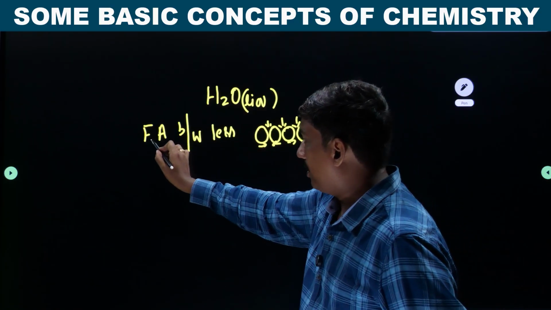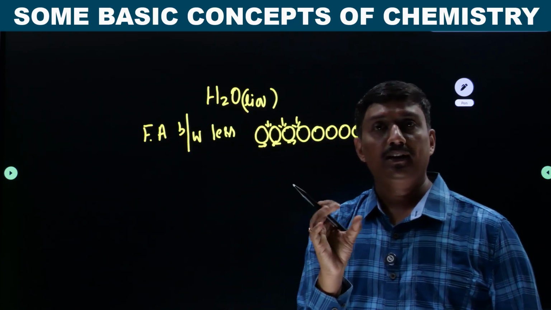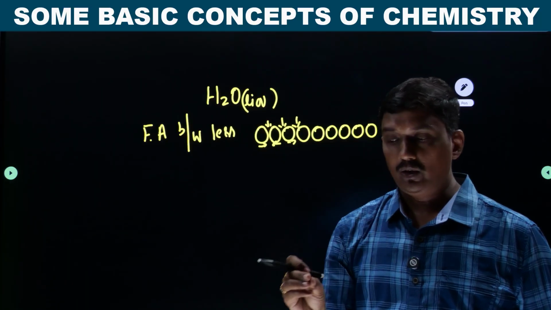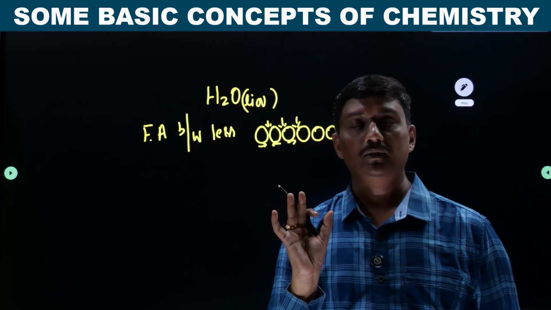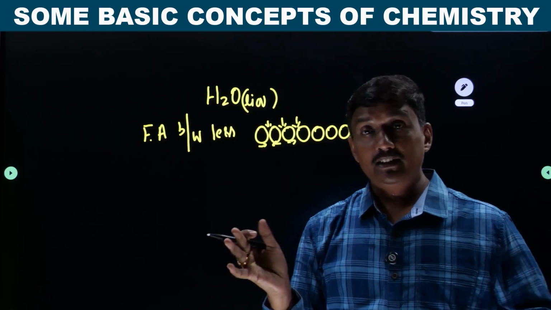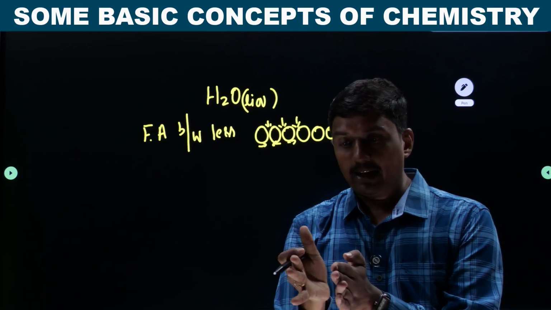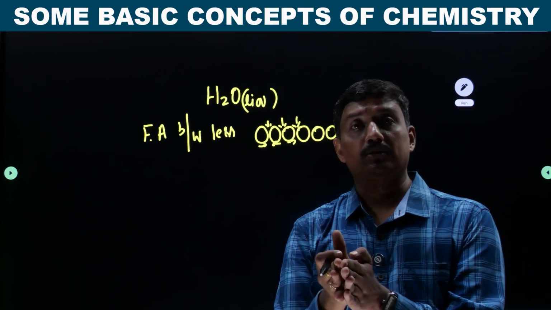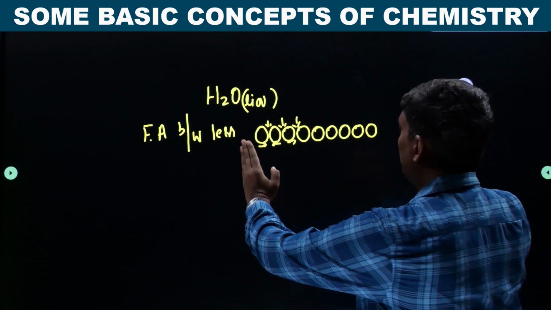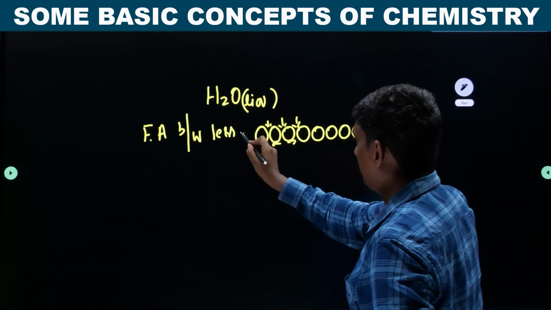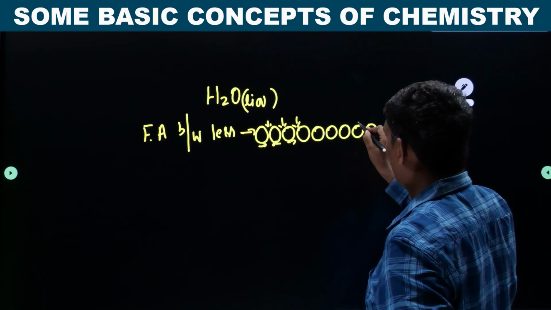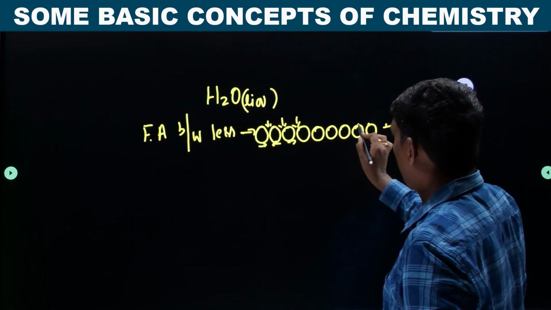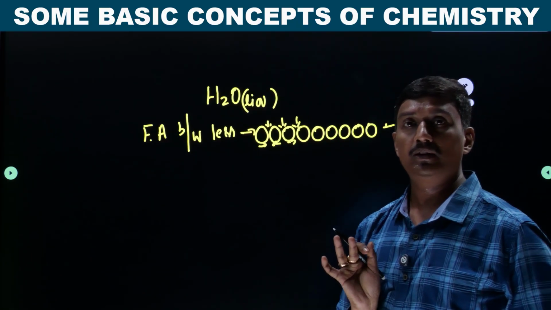As a result of the weak force of attraction between the molecules, it can flow on the surface very easily. But these molecules cannot be compressed. Why? When a force is applied, what happens? They come closer, and due to the presence of the electron cloud, repulsion takes place.